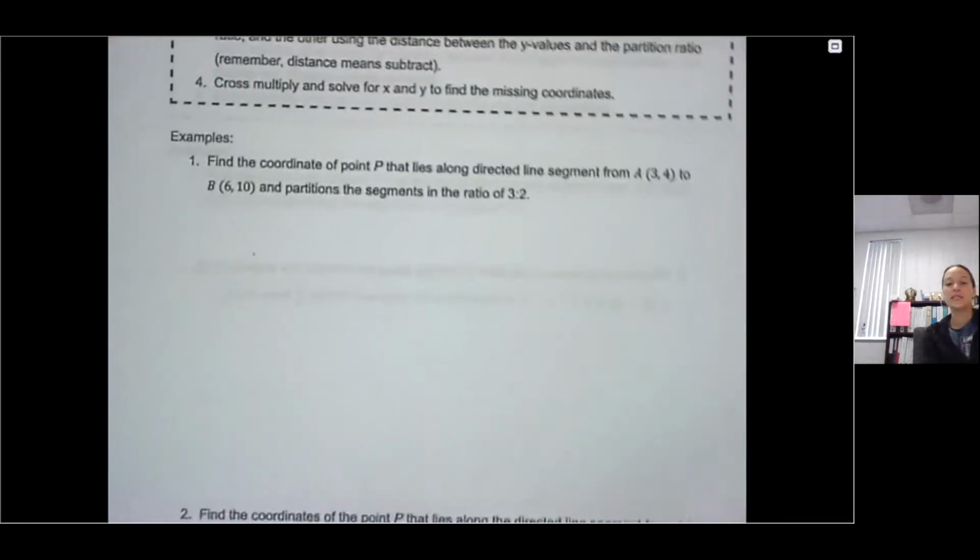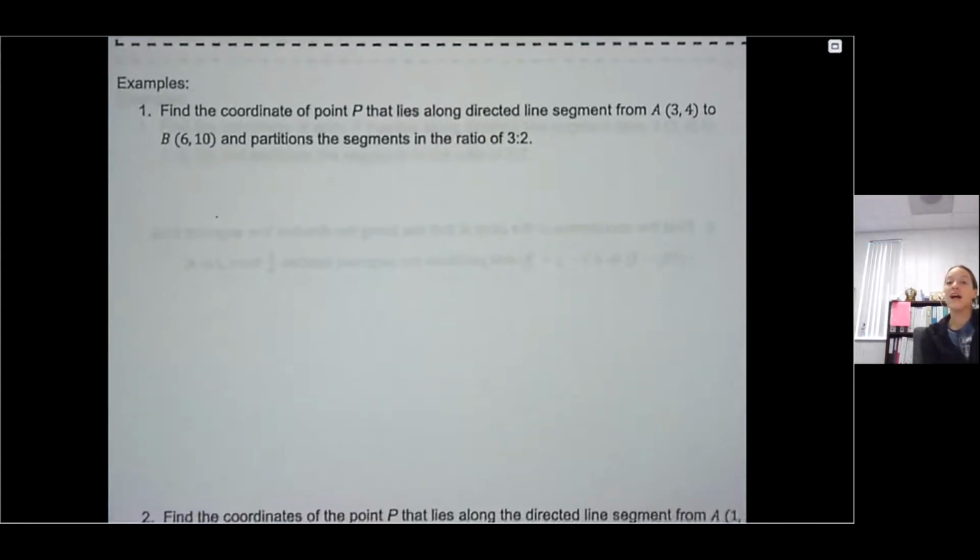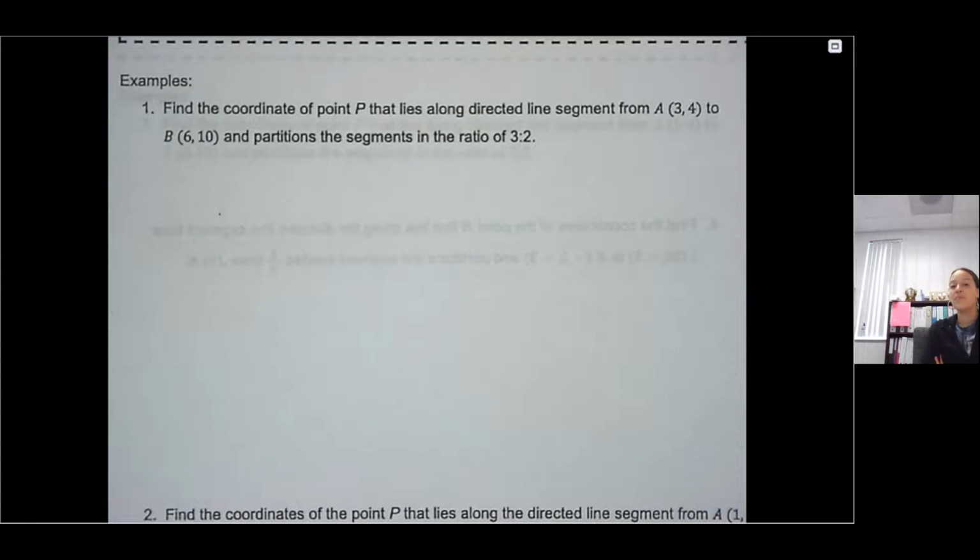So let's do example number 1. It says, find the coordinate of point P that lies along the directed line segment from A to B and partitions the segment in a ratio of 3 to 2. Okay, so step 1, we're going to draw a picture. Let's start there.